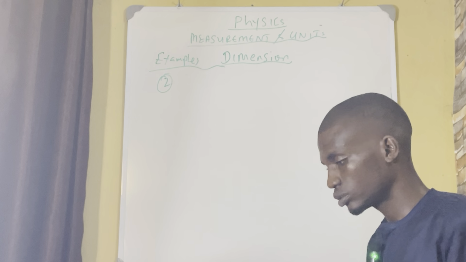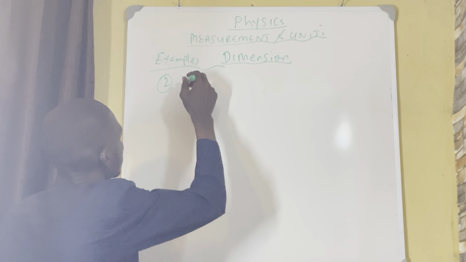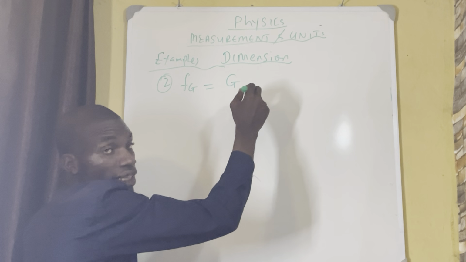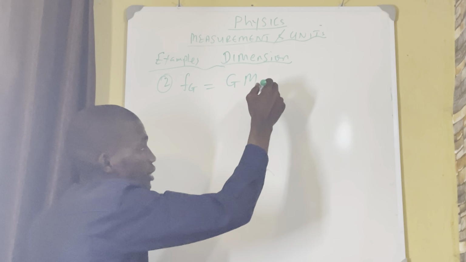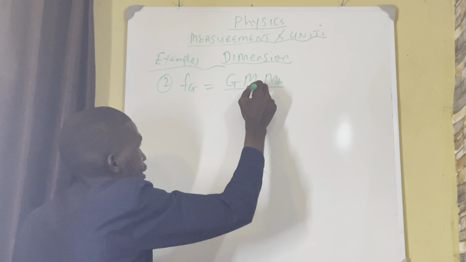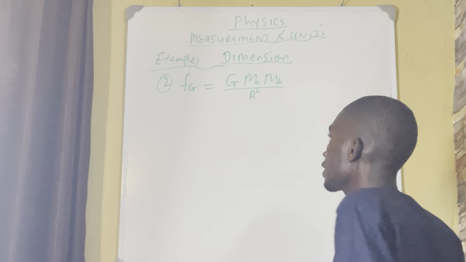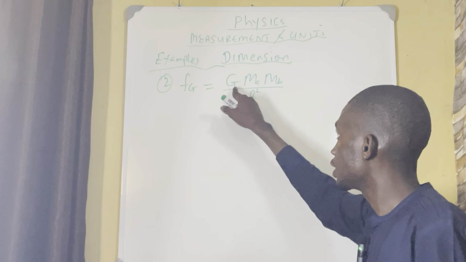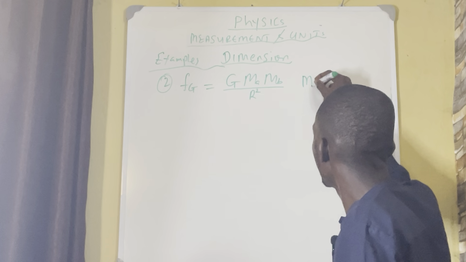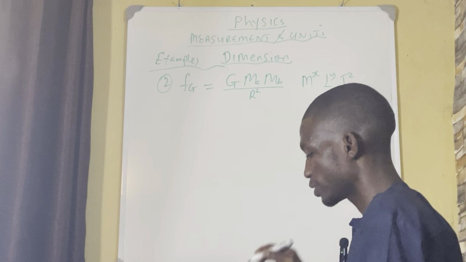So let's go to the formula of gravitational force: force equals constant times first mass and second mass over distance squared. Now they're asking you to find the gravitational constant and express it in M to the x, L to the y, and T to the z.